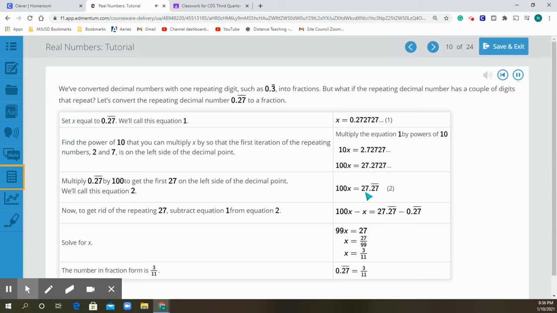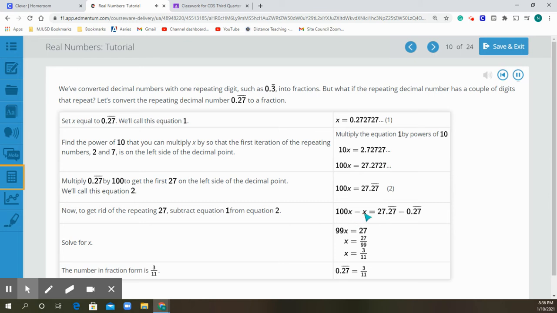That worked. Multiply 0.27 repeating by 100 to get the first 27 on the left side of the decimal point. We'll call this equation 2. 100x equals 27.27 repeating.